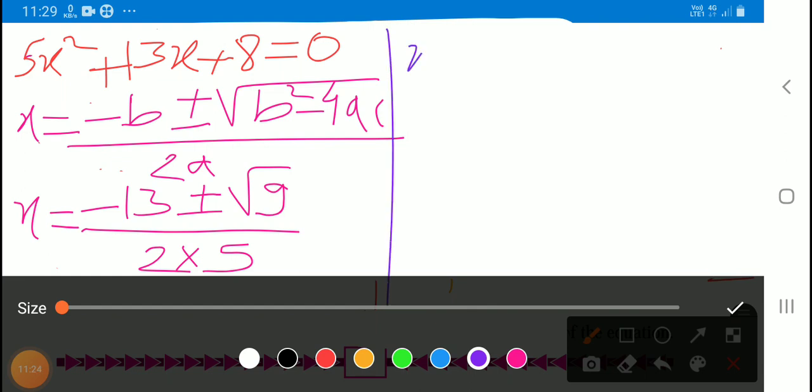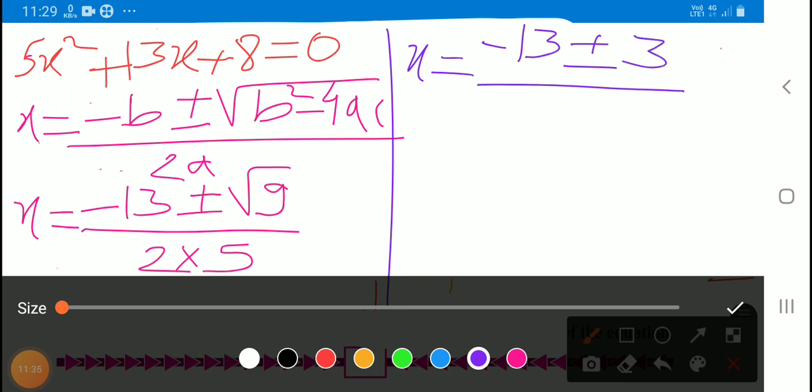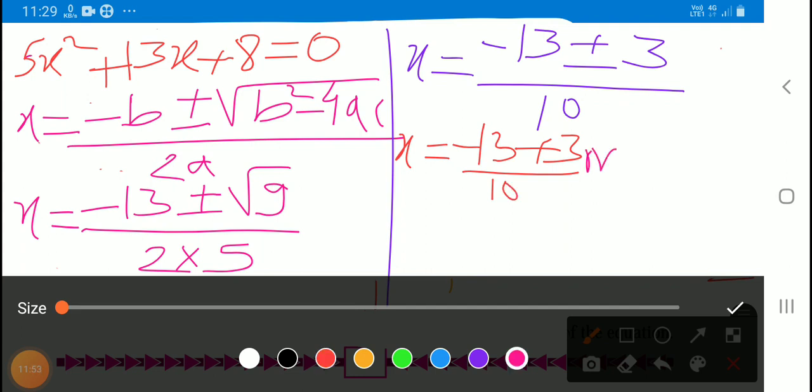Now x is equal to negative 13 plus or minus, what is the square root of 9? It is 3 upon these 5 2s are 10. Now x is equal to negative 13 plus 3 upon 10, or x is equal to negative 13 minus 3 upon 10.